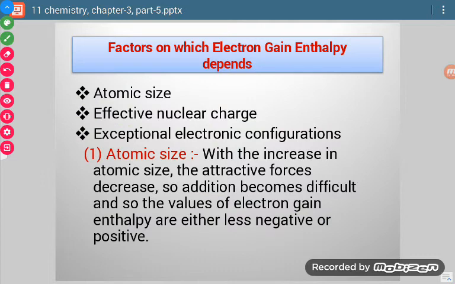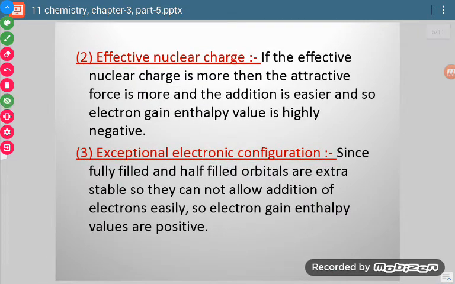Okay. Now let us come to the second, effective nuclear charge. Now we know, what is the purpose of nuclear charge? Nuclear charge attracts the electrons towards itself. So if we have two particular atoms, out of which one has higher nuclear charge and another has lower nuclear charge, then attractive force will be more in the atom having higher nuclear charge.